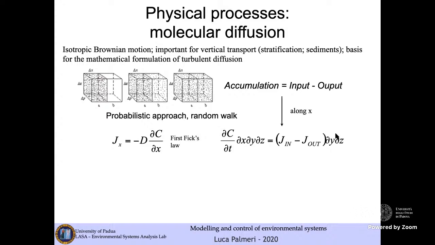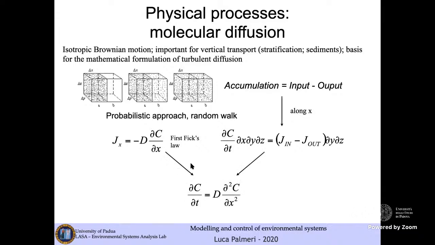For example, if we consider one direction, we obtain the first Fick's law that tells us that the flow in the direction x is equal to minus the diffusion coefficient in the x direction times the change in concentration along x.